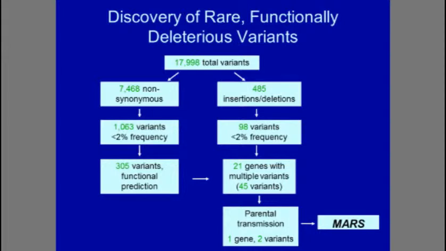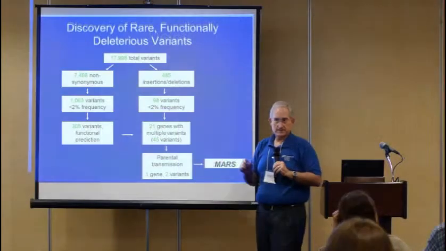First, since the parents were normal, they had a normal sibling, we made the assumption that the disorder was recessive, though each parent carried 1 copy of a mutation in a gene, that the presence of 1 mutation was silent. We all have 1 mutation in multiple genes. But when you get the two together in the same gene, it leads to disease. And so we made the assumption that this was a recessive disease.